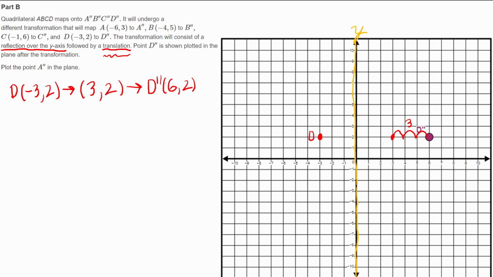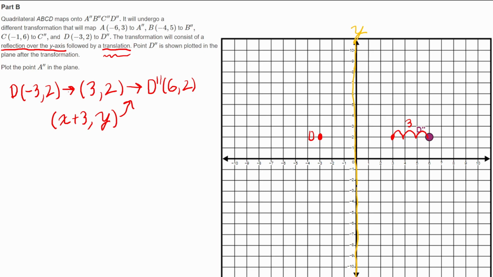And you might notice only one thing changes here, and that's my x coordinate. It goes from 3 to 6. So what's that change there? It's that +3 on my x coordinate. So our translation rule is x plus 3, and our y stays the same. So this is our rule that happens right there.